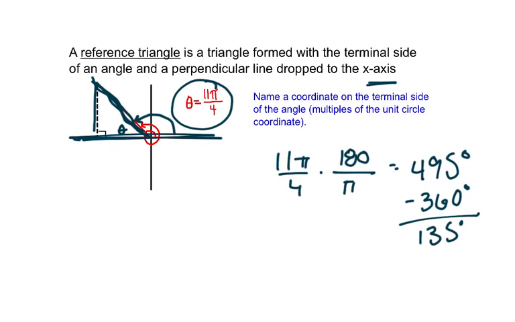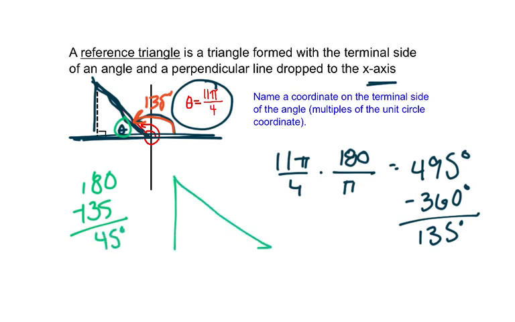And so if this piece here is 135 degrees, then what is this acute angle measure? Well, it's 180 minus 135, so 45 degrees. So we now have a right triangle with 45 degrees here, and then, because we know it, 45 degrees there.